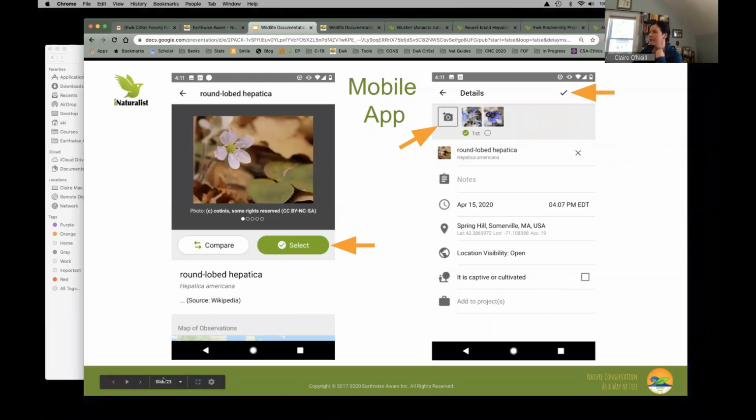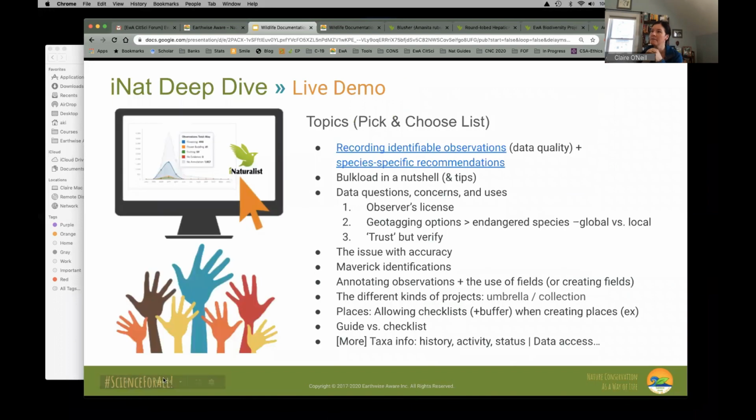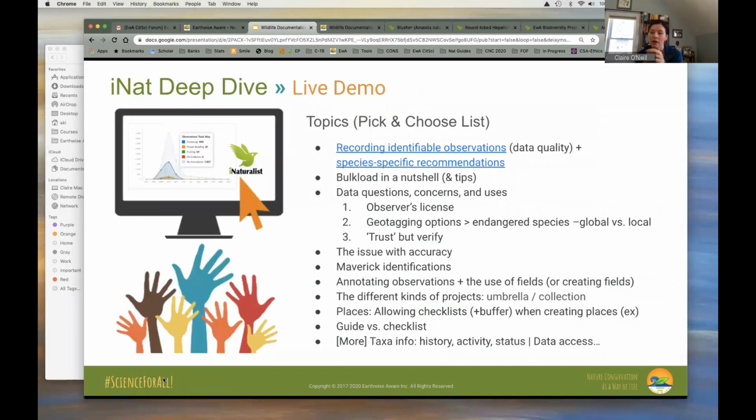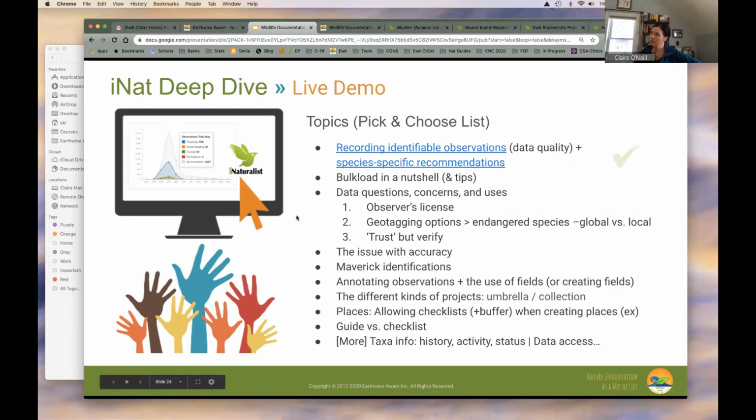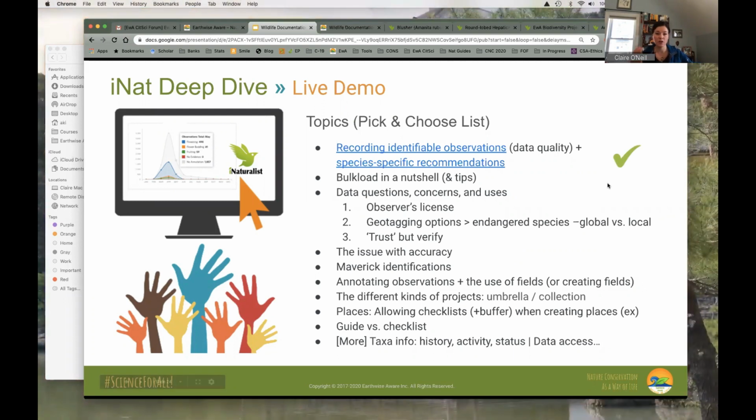So the next thing here is going to be to do an iNat deep dive, kind of a speed edition. The goal here is really to show you the app on the desktop, the web browser version. We've seen this too. We browse that very quickly, making identifiable observations, meaning working with sets of pictures.